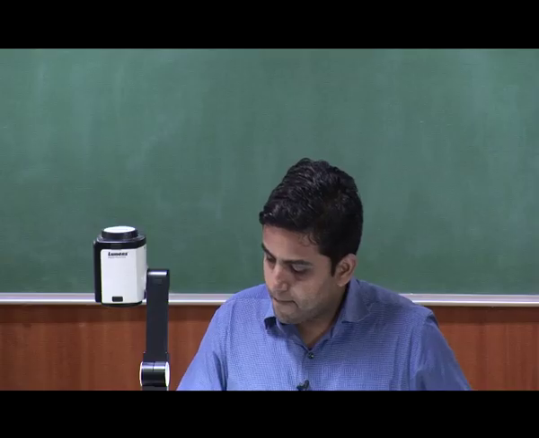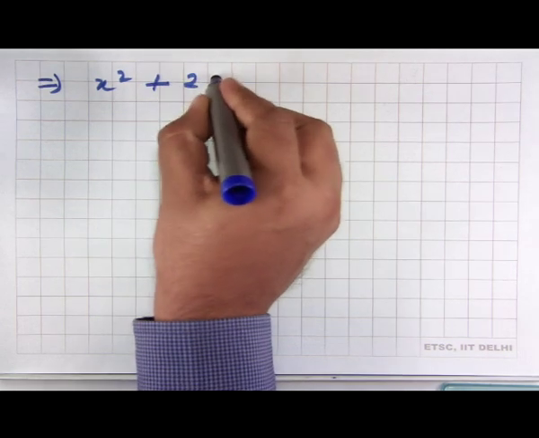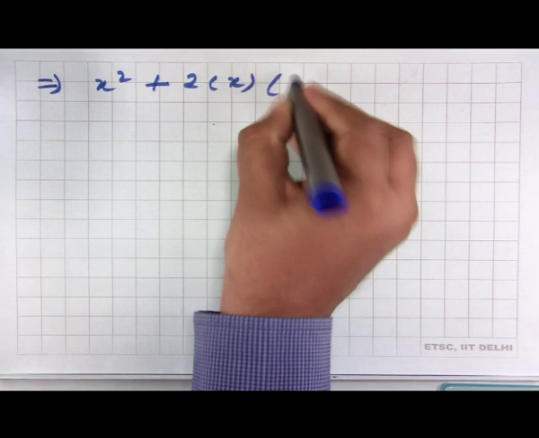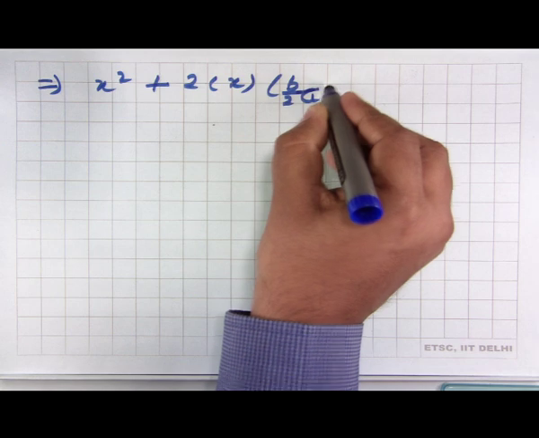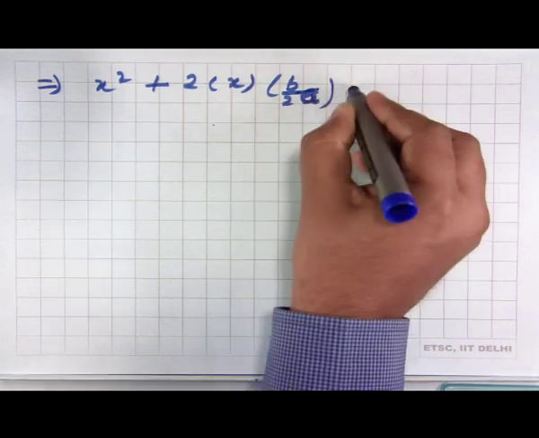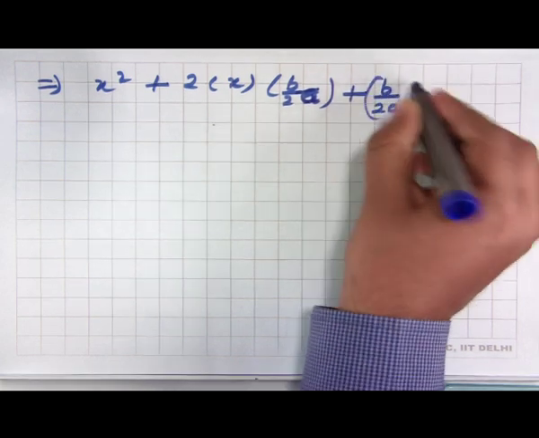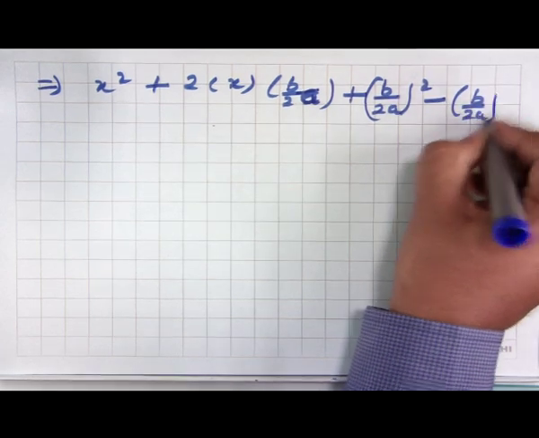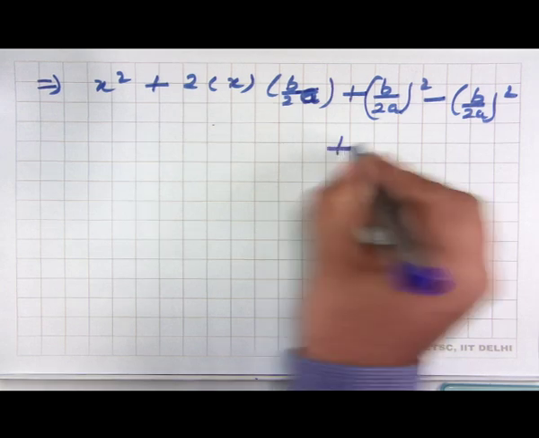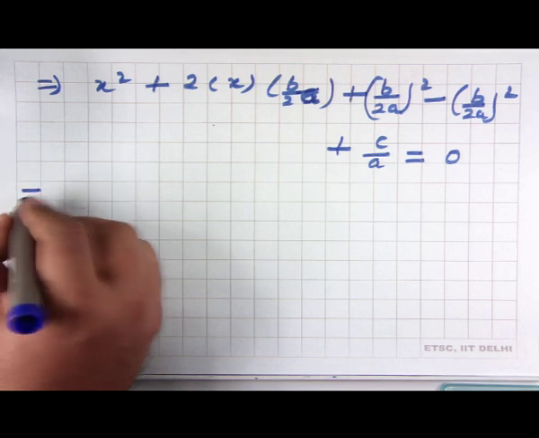Now, adding and subtracting b over 2a the whole square, we get x square plus 2 x b over 2a plus (b over 2a) whole square minus (b over 2a) whole square plus c over a equal to 0.